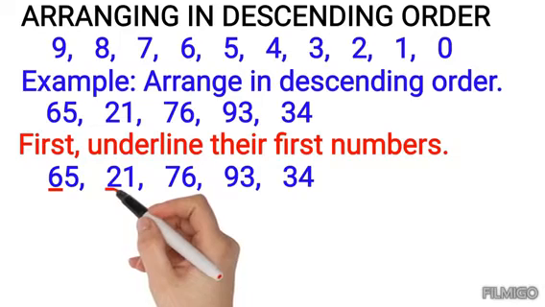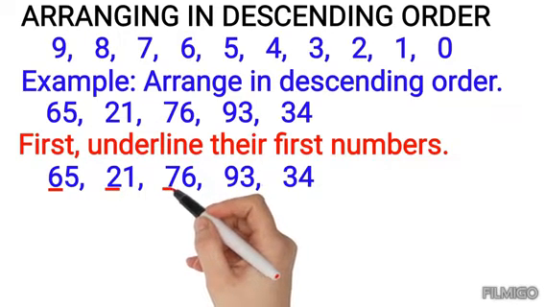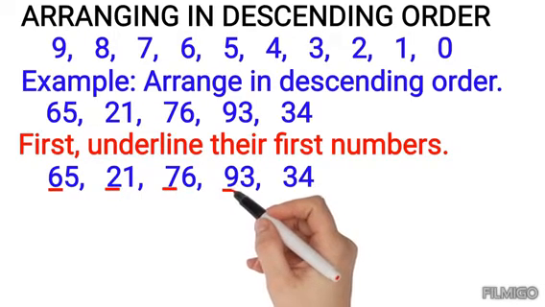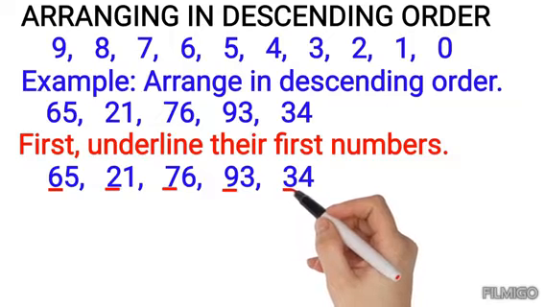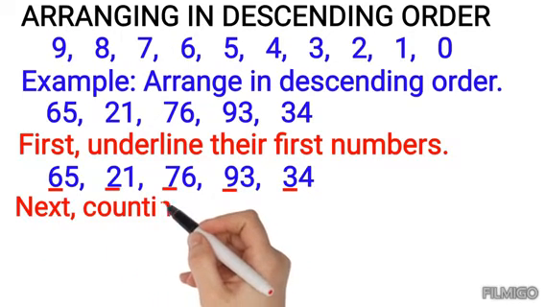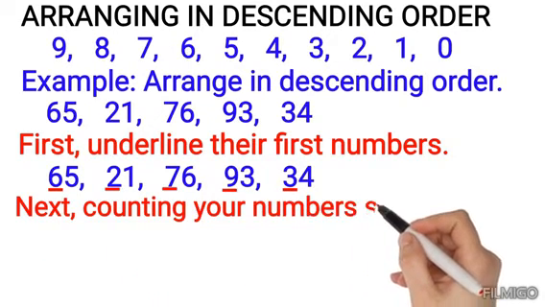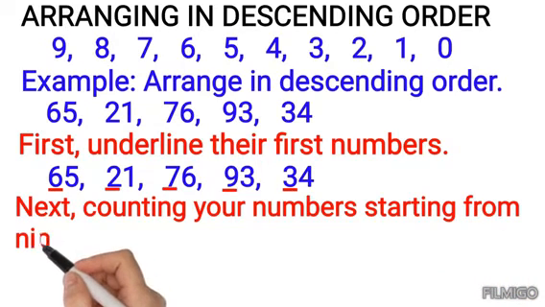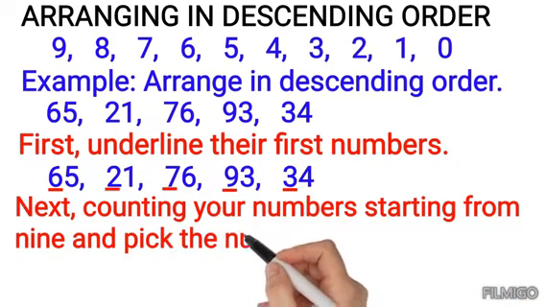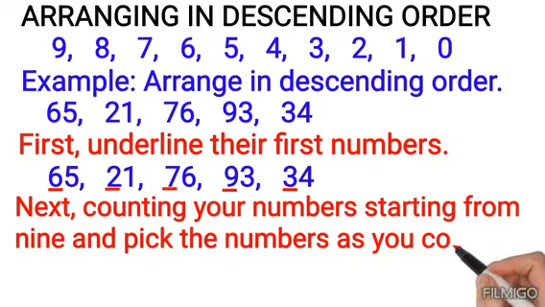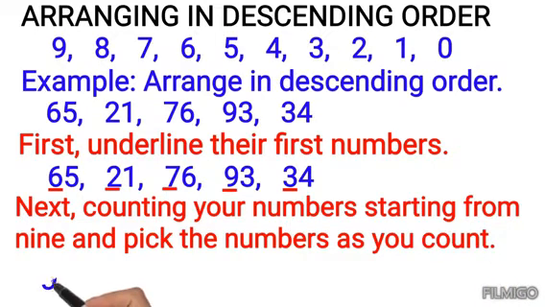We have 6, we have 2, 7, 9, and 3. Next, counting your numbers starting from 9 and pick the numbers as you count. Do we have 9? Yes, we are going to write our 93.